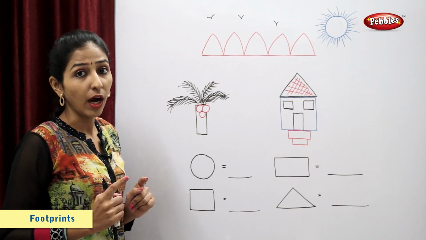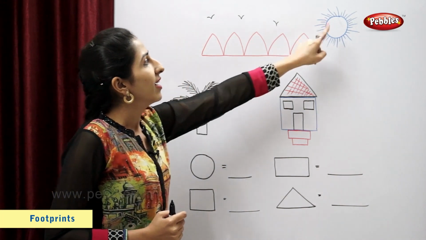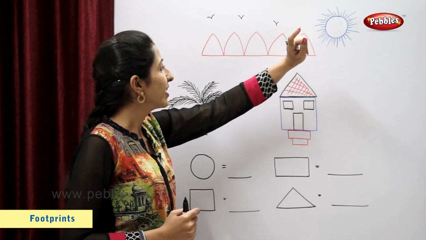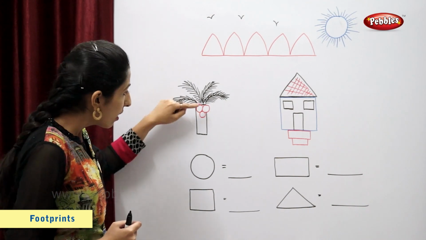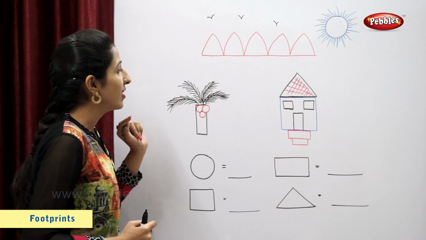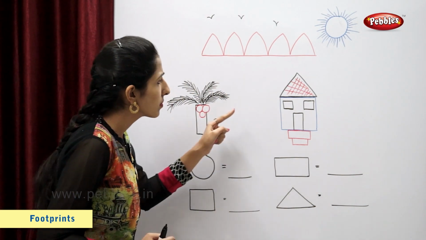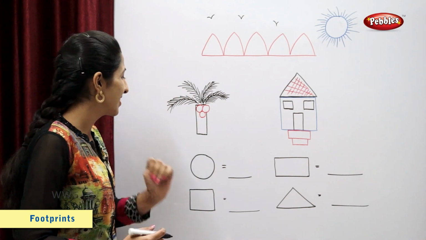Circle. Let's count the number of circles. 1, 2, 3, 4. So, there are 4 circles.